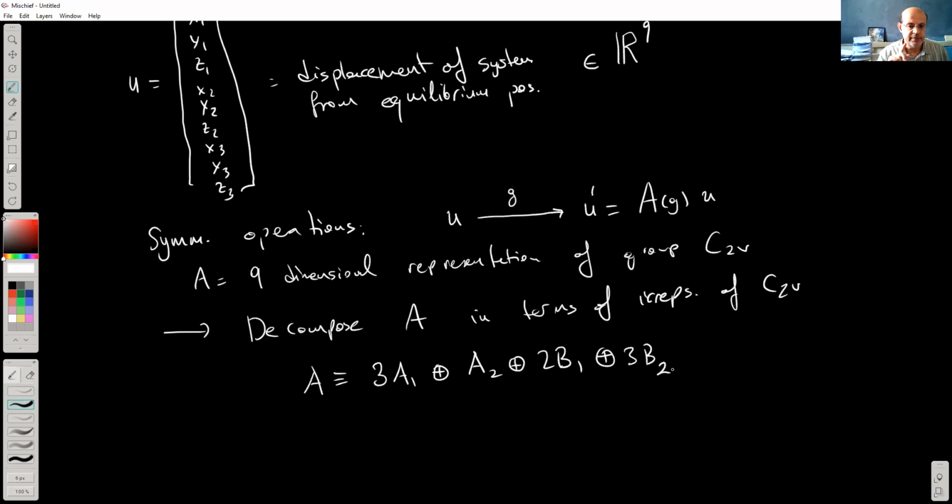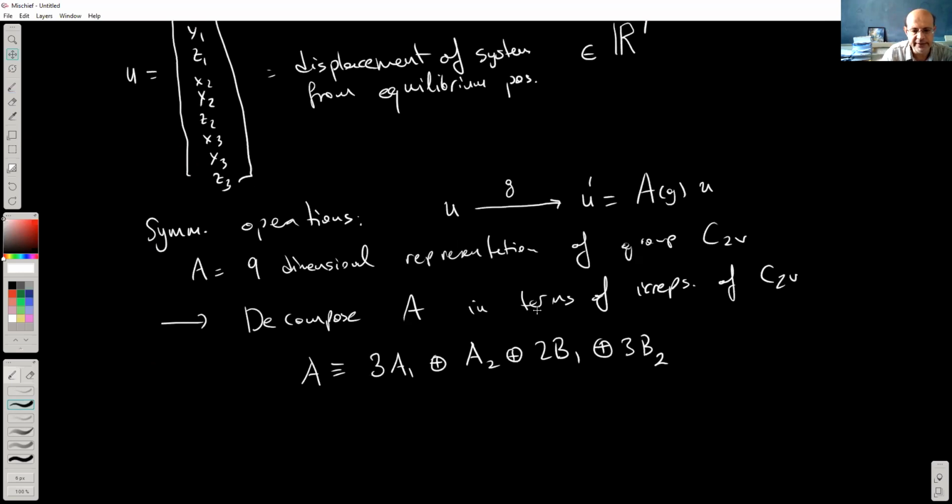But there's a subtle issue in here. Just as in the previous problem, where we had a mode with 0 frequency, in here too there are modes with 0 frequency.